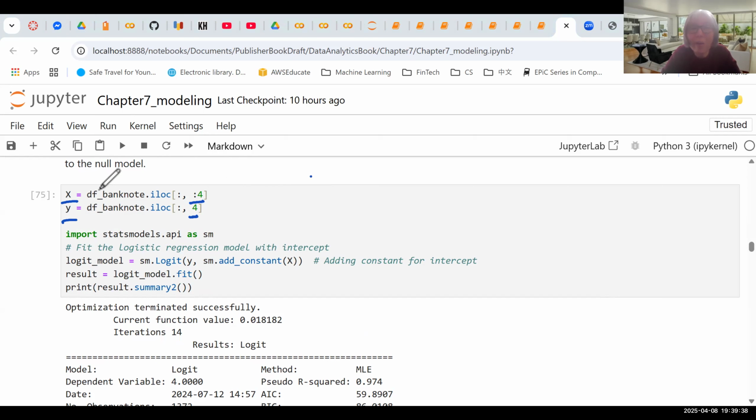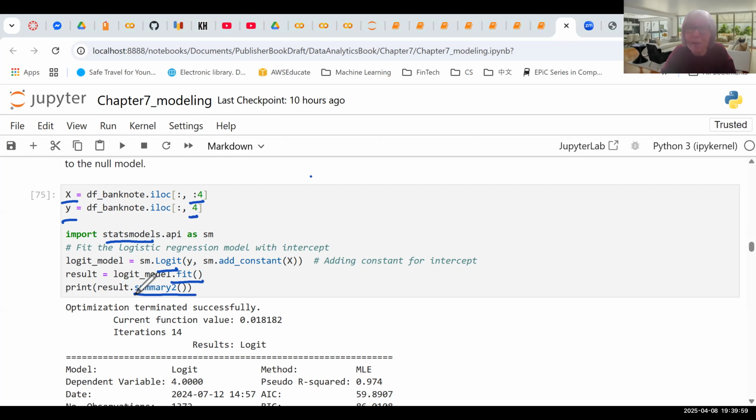Once we have the values, because they are already numbers, we don't need to do any conversion. So first we are going to use statsmodels and use its logistic regression. You can plug in the X value and the Y value, pretty straightforward. Then you just call fit.